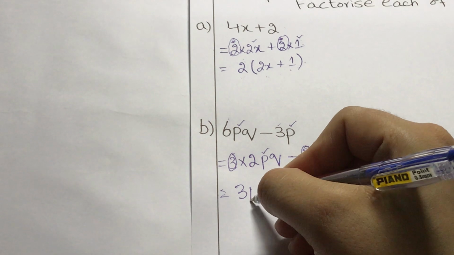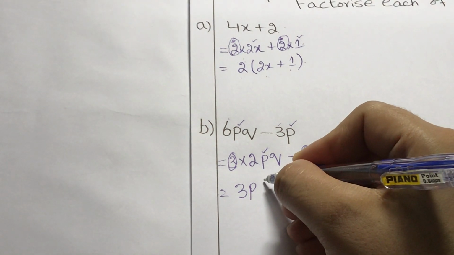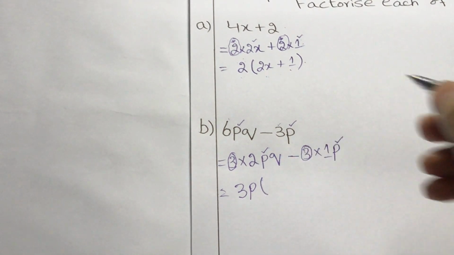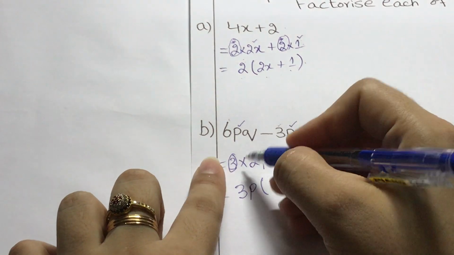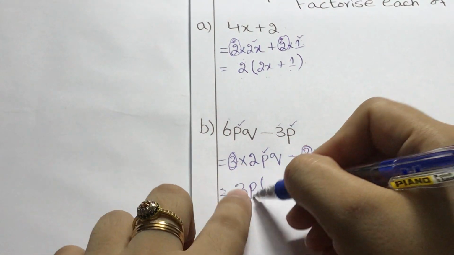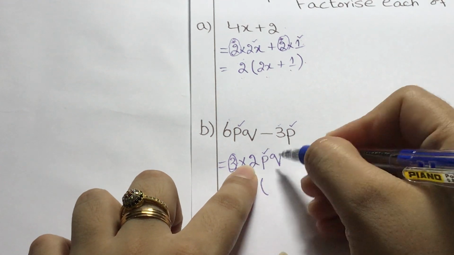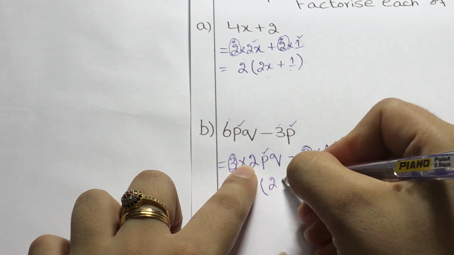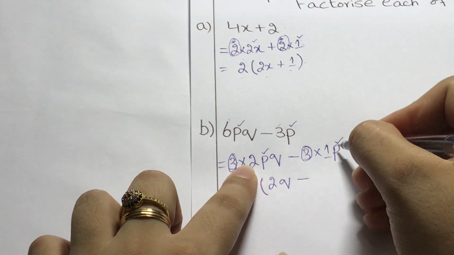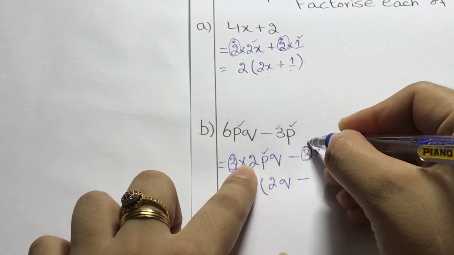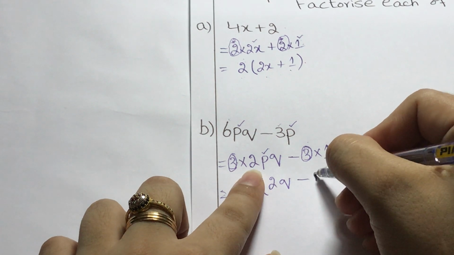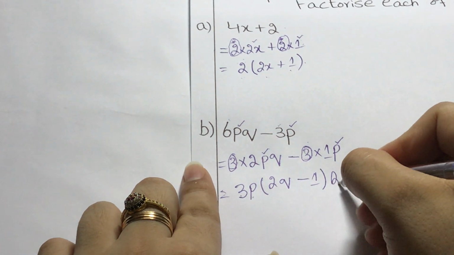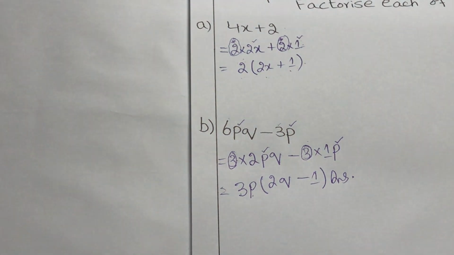So we will write 3p outside of the bracket, and now we will write the remaining terms here. We have written 3 and p outside. What is left here? 2 and q minus, what is left here? We have written 3 and p outside. What is left here? 1. Yes. And this is your answer, right?